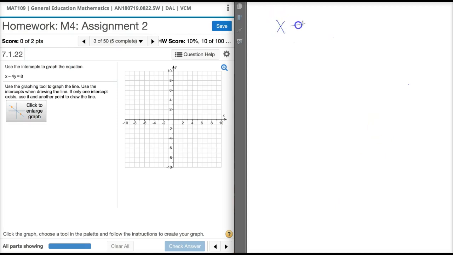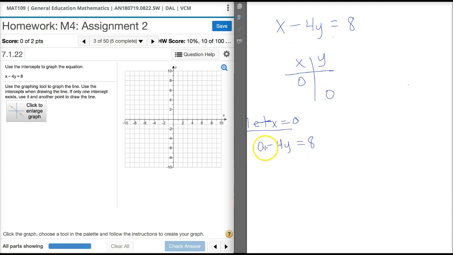So here we have X minus 4Y equals 8, and here we let X equal 0, find Y, let Y equal 0, find X. So if we let X equal 0, then here that will be 0 minus 4Y equals 8. And of course, 0 minus 4Y is minus 4Y, and that equals 8.